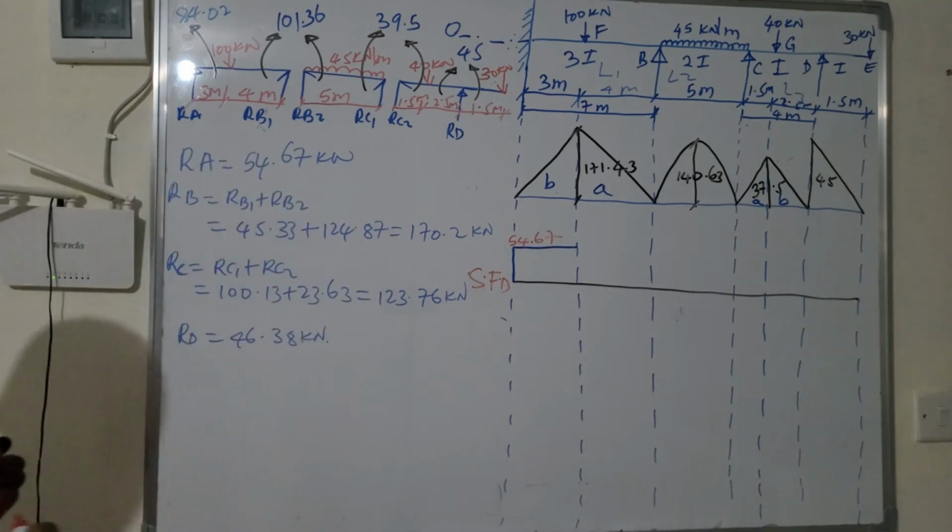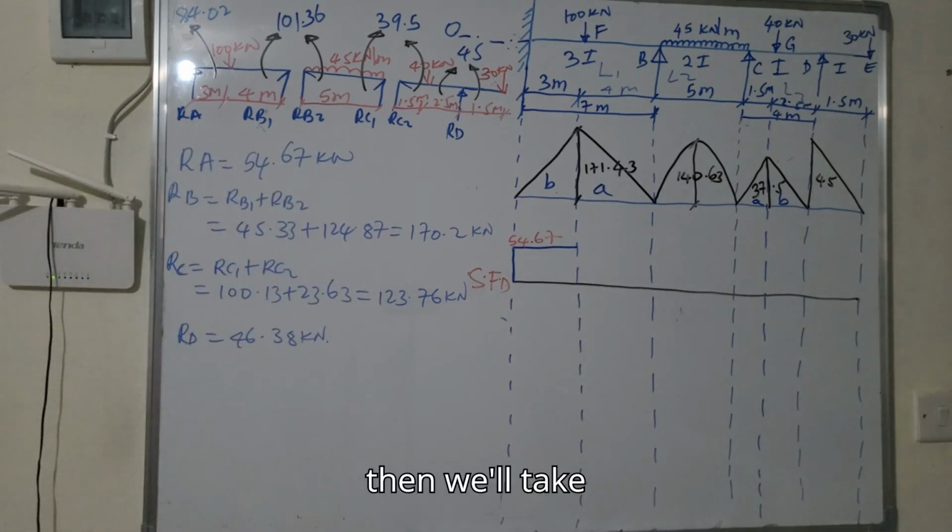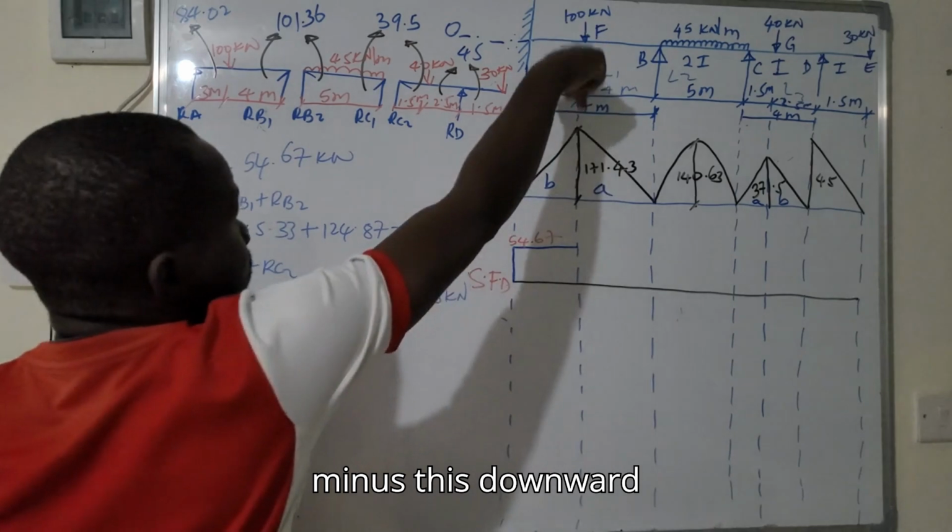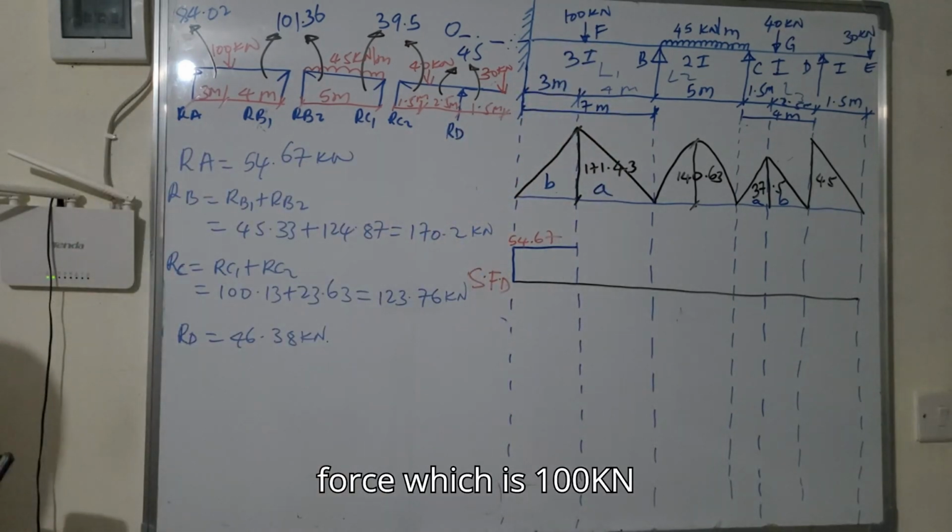Then we'll take 54.67 minus this downward force, which is 100 kilonewton.